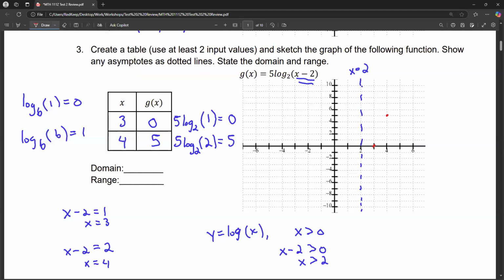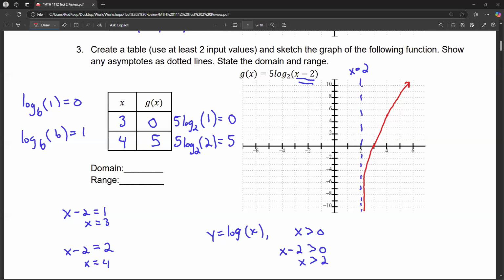Logarithms follow a similar pattern to exponentials, because they're the inverses of exponentials. So we know that as it goes down, it's going to get as close as it can to the vertical asymptote, and then it's going to come up like this. I'll do my best. We might consider evaluating more points so we have a better idea of what's happening.